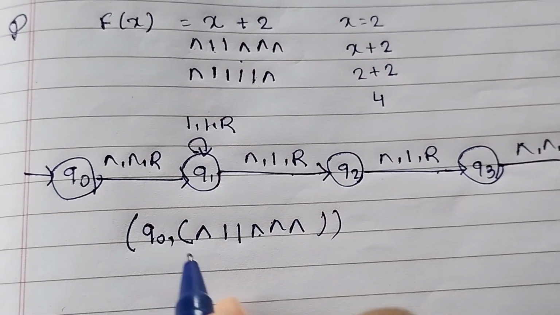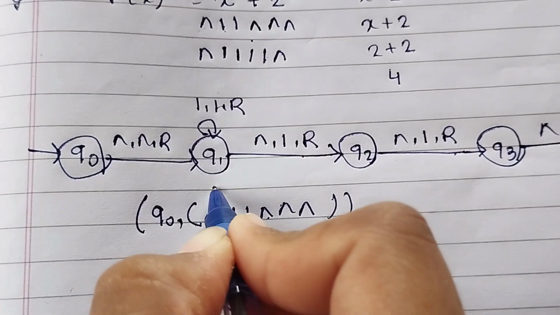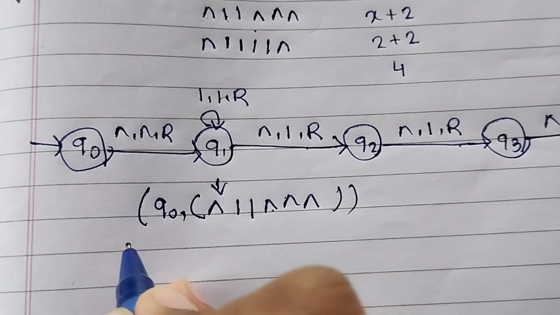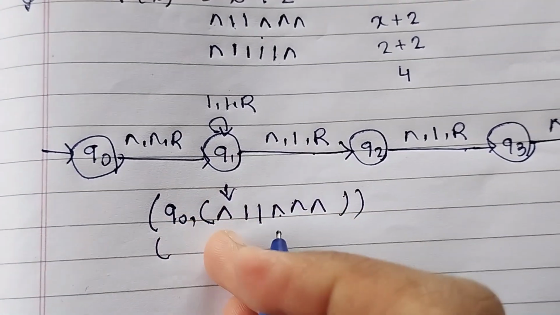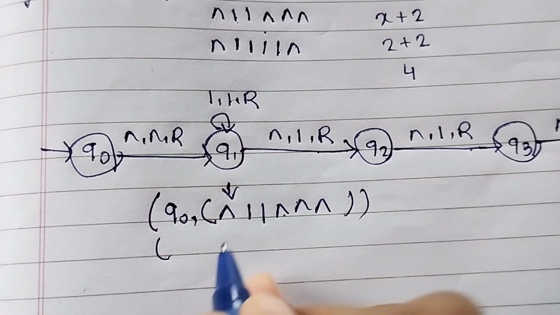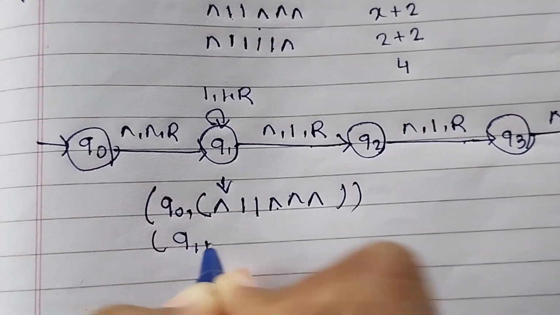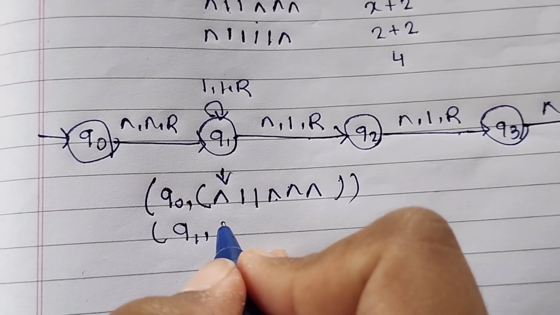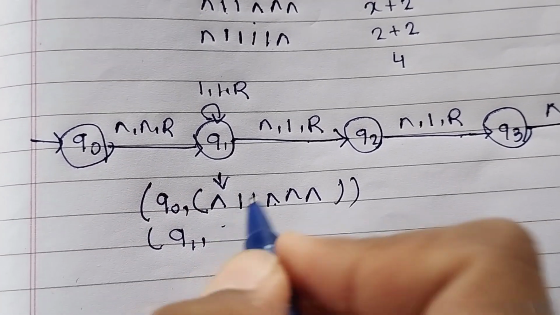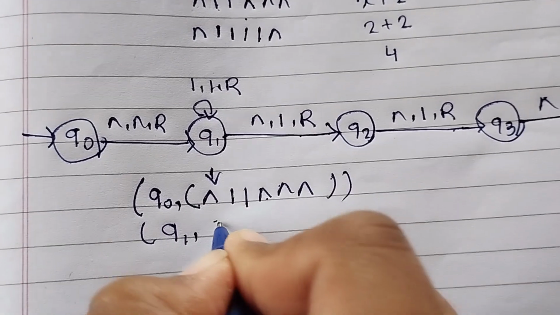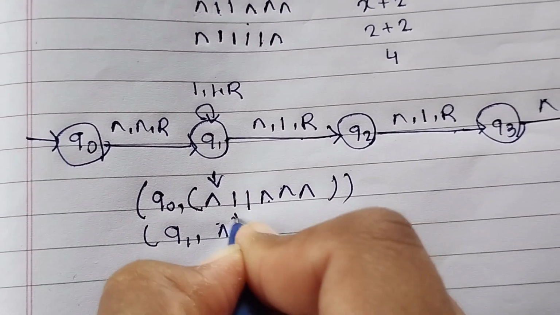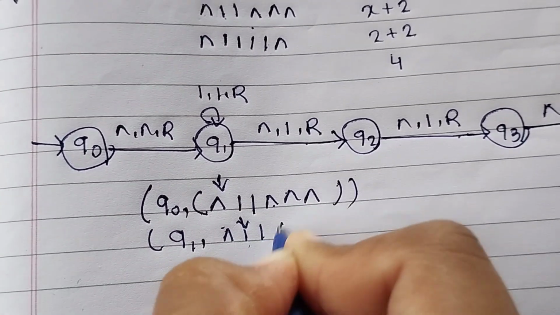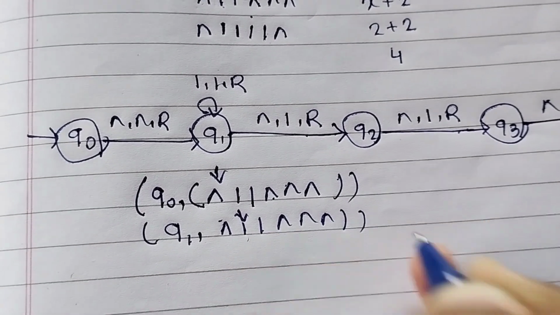Now let's start one by one. First we read this null value. If you read the null, then go to the Q1 state and move to the right side. Now we point to this 1, and everything else is kept as it is.